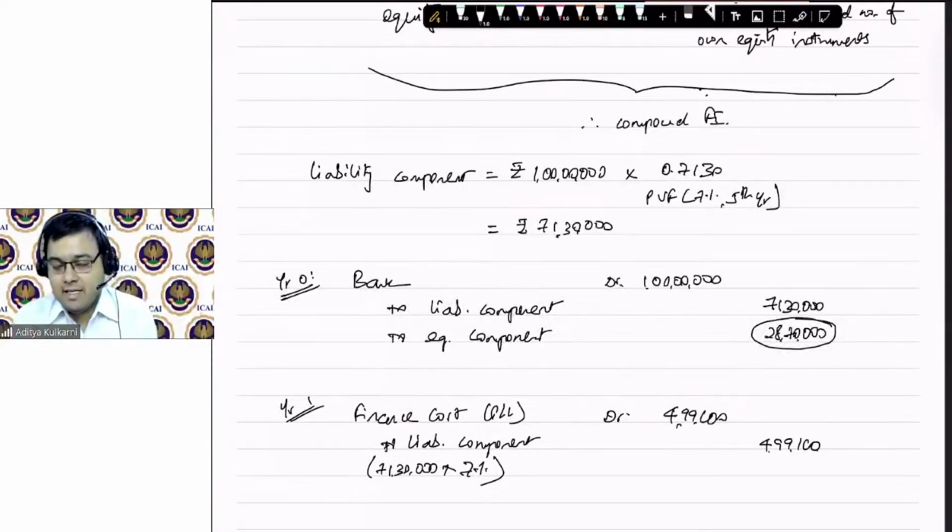See, dividend is discretionary. I made good profits. I think I should pay off the dividend. So that is what the company thinks. So therefore, the company goes ahead and issues dividend. You tell me what will be the entry for dividend.